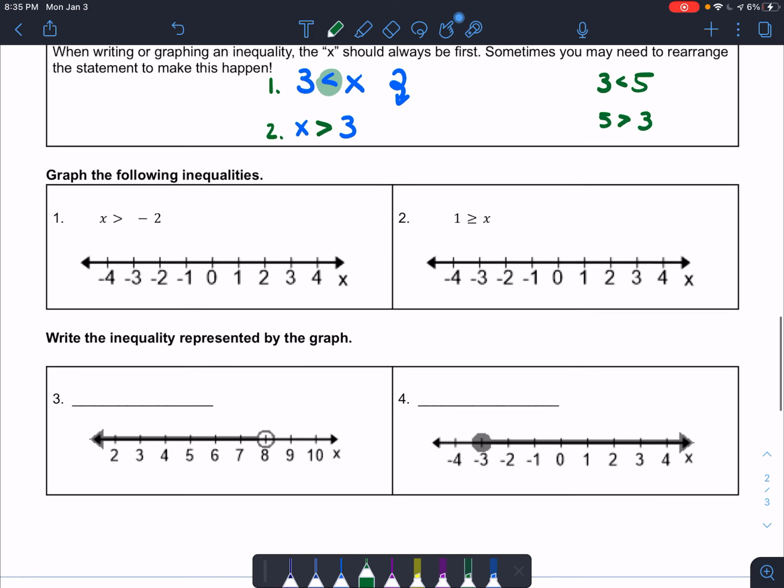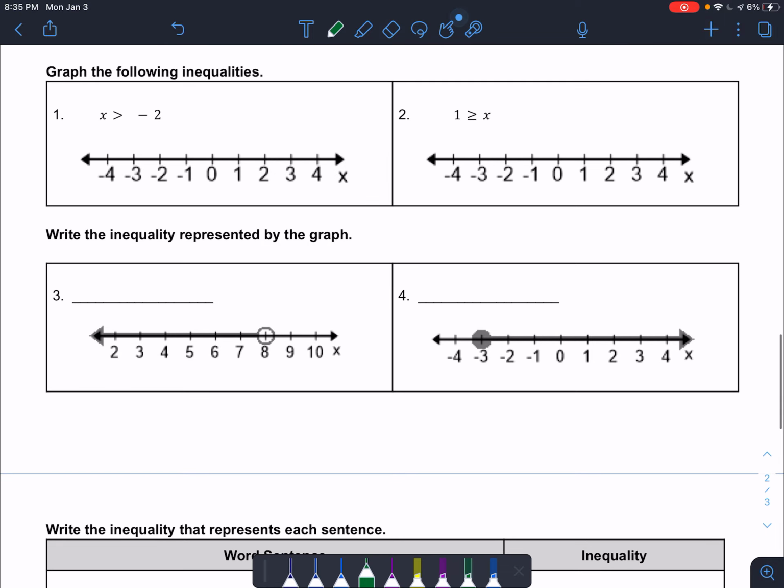When we want to graph inequalities, we need to take care of a couple of things. First and foremost, you need to put a circle at the known value. So I am going to place a circle at -2. Now, because my inequality symbol does not have a bar, there is no or equal to, I am going to leave it as an open circle at -2.